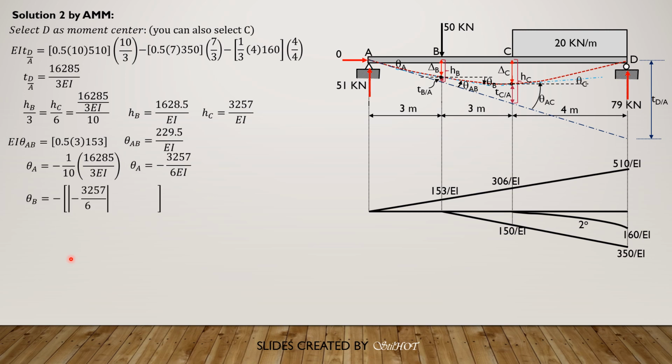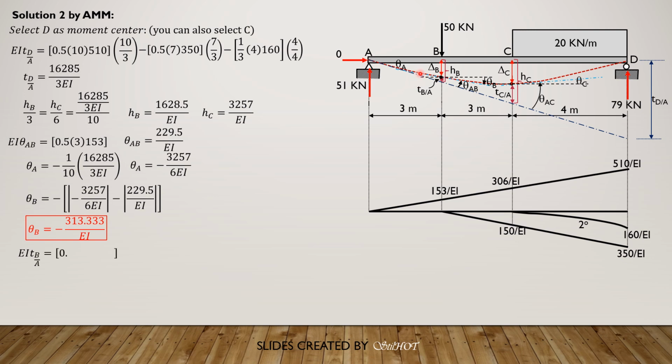Then theta B is the negative of the absolute value of theta A minus the absolute value of theta AB, which is 229.5 over EI. So it is expected negative, so theta B is negative 313.333 over EI as before.